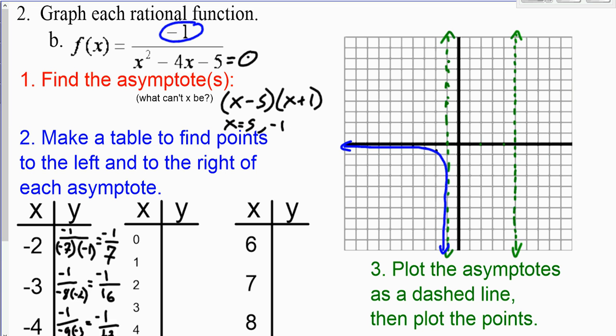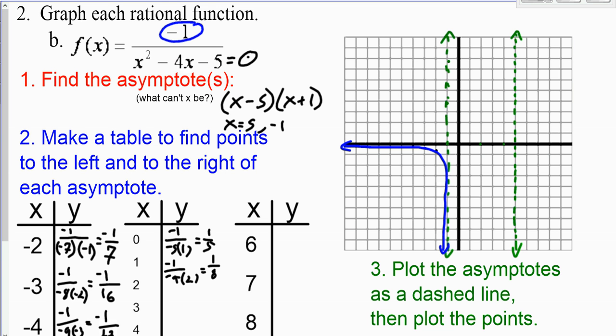So what's happening in between my asymptotes? So when I plug in 0, I'm going to get negative 1 over negative 5 times 1. So I get 1/5. Okay, at 1, I'm going to get negative 1 over negative 4 times 2. So I'm going to get 1/8.